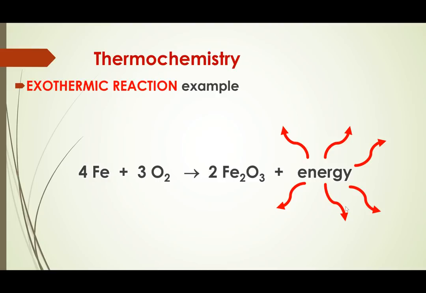What's going on inside of that pouch is this reaction, the rusting of iron. And it's happening really quickly, so it's giving off heat very quickly, and you can actually feel it and take advantage of it to keep your hands warm. So as this reaction occurs, it gives off energy, specifically based on the equation as it's balanced here. 4 moles of iron plus 3 moles of oxygen gas make 2 moles of iron oxide, and it also releases 1,648 kilojoules of energy.